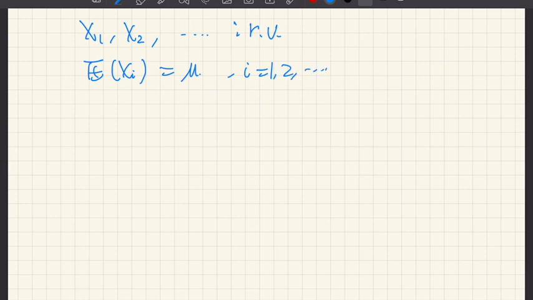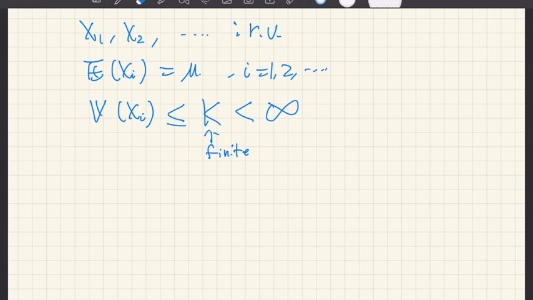And also we require that the variance of these random variables is bounded. So there is some finite constant, that means less than infinity. So this k is finite. So the variance of each of these random variables is finite.